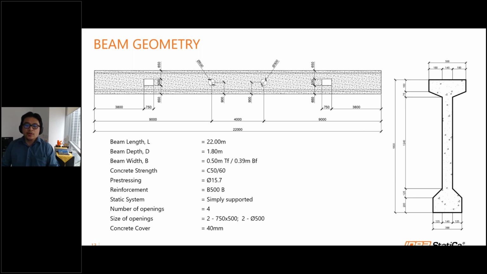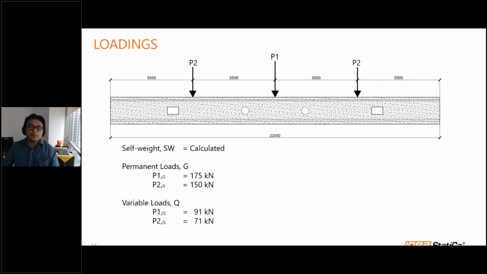So we gather the required parameters such as the size and shape of the cross sections, the concrete grade, which is C50/60, and we also have the size and shape of the openings indicated, as well as the concrete cover. And here we also have the required loadings for our beams, which is mostly concentrated load. And we will make use of this information and apply it to our beam for demonstration.